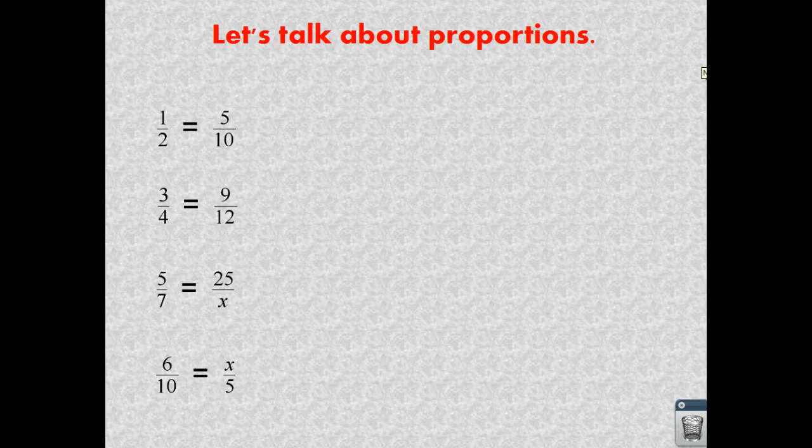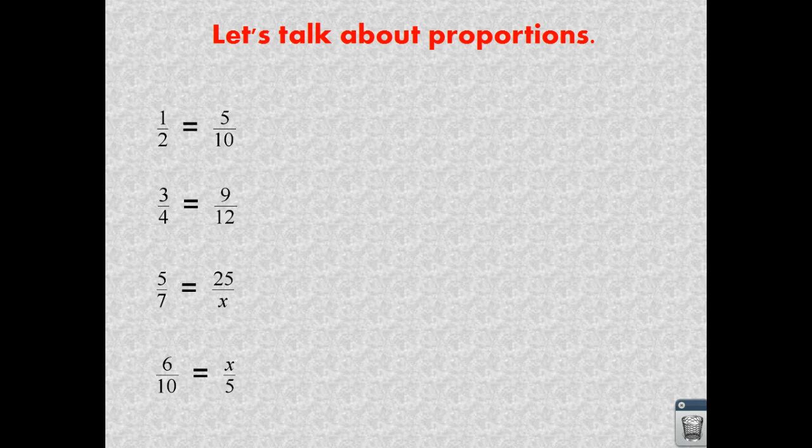I started off with 1/2, and the equivalent fraction to 1/2 is 5/10. So if you think about the relationship between your numerator and your denominator of both fractions, what did you do to the 1 to get a 5 and the 2 to get a 10?